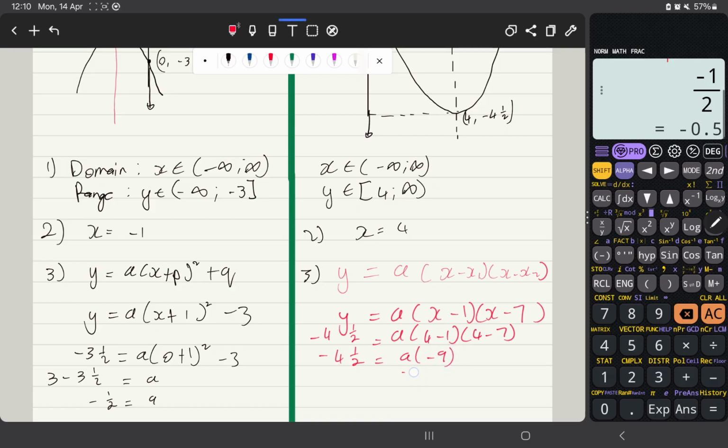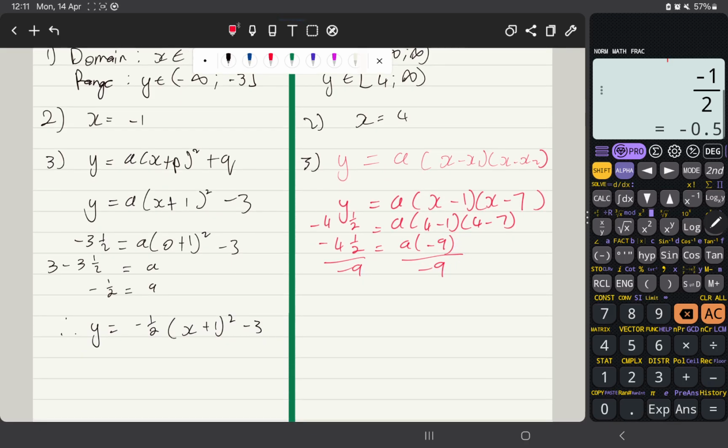So now I'm going to divide everything by minus 9, so I'm going to get a positive a. I can say minus 4.5 divided by minus 9.